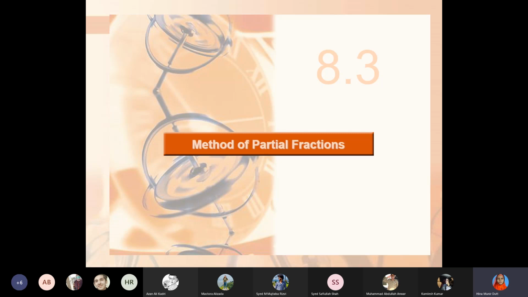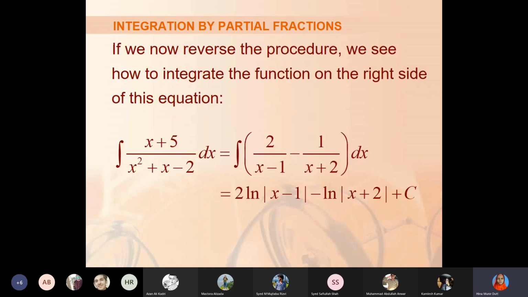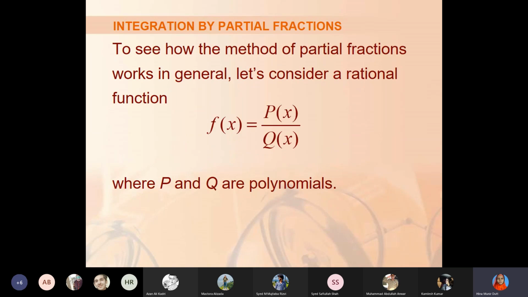Case 1 is distinct linear factors. Case 2 is if the factorization has repeated linear factors. Case 3 is distinct irreducible quadratic factors, and case 4 is repeated irreducible quadratic factors.